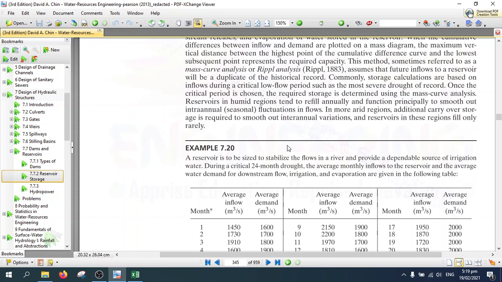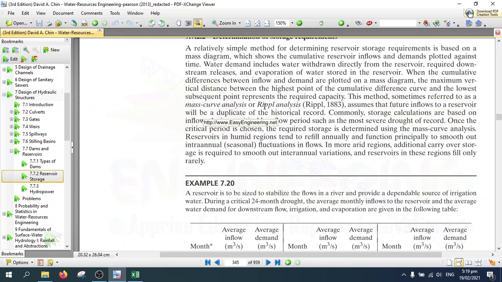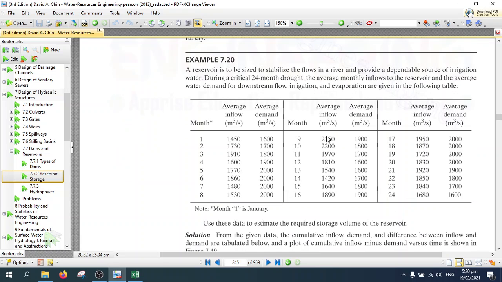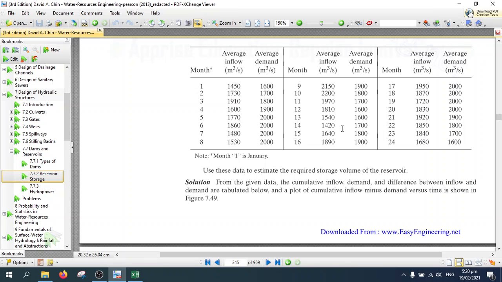Again, just to refresh you regarding the mass curve analysis or the ripple analysis that we use in order to determine the biggest water deficit that the dam will experience, what we do in the mass curve analysis is we just have to take the cumulative volumes of the inflow and the demand, and then subtract the values in order to get the cumulative deficit.